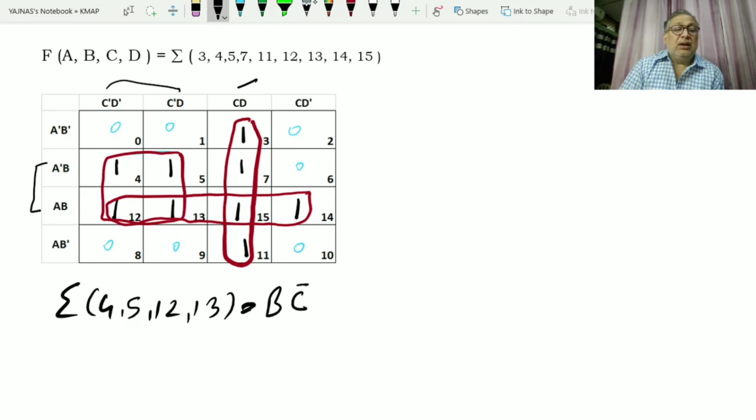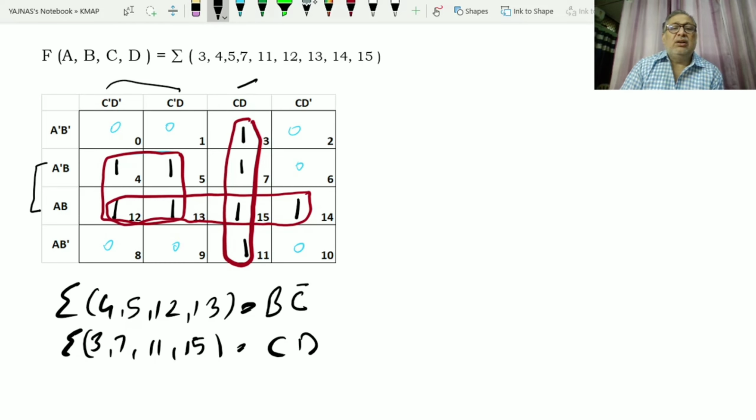Then this one, sigma 3, 7, 11, 15: here CD is constant on the top, because on the left, everything is changing. Either A is changing or B is changing, so we will not go for that. Then 12, 13, 14, 15.